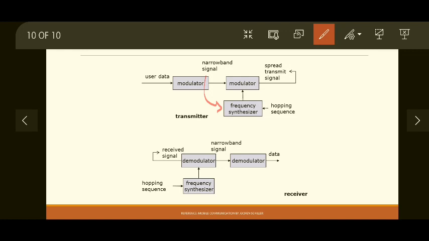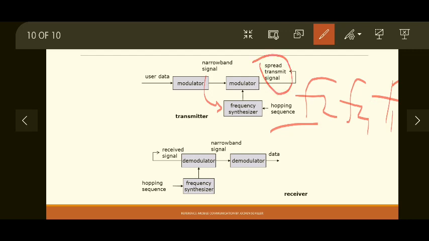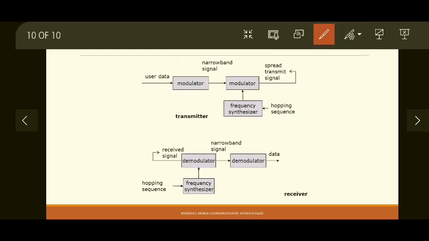Synthesizer means it will generate signals with different frequency levels. The input to this frequency synthesizer is the hopping sequence, which will decide the sequence in which these frequencies are generated, like F2, F4, F1. Then such a spread signal will be transmitted. So that is the transmitter.